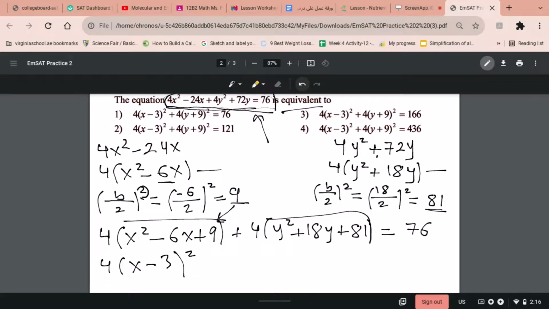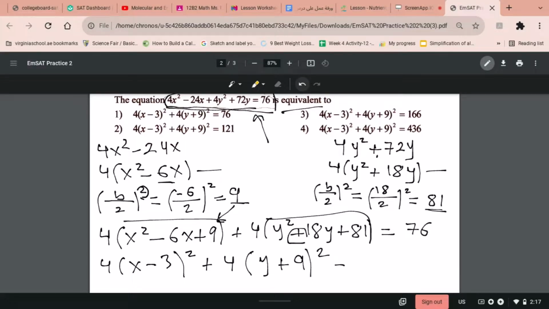Then we put the square. Then here we have plus 4. The square root of 81 should be 9, and here we have the positive sign. So we put (y plus 9) squared equal to, oh, I forgot something.